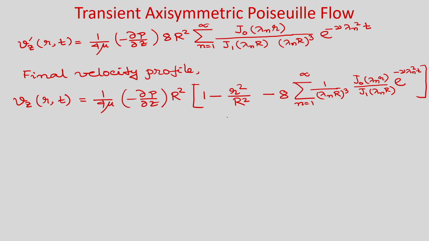This lambda n you have to find for this problem from j0 lambda n R equal to 0. Okay. So, at which values it is becoming 0, from there you can find the value of lambda n. So, this is the final velocity profile. Okay. So, obviously at steady state, where t is infinity, at larger time the second term will become 0. So, you will get the steady velocity profile for this Hazen-Poiseuille flow.